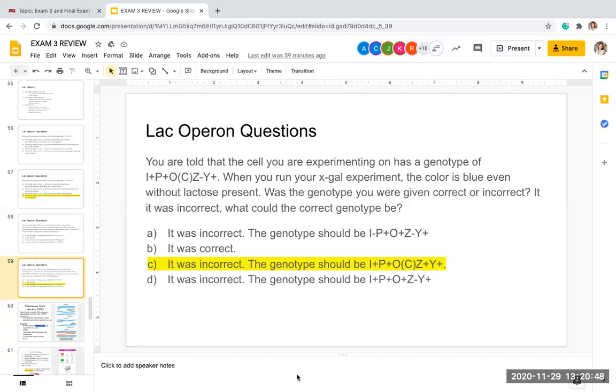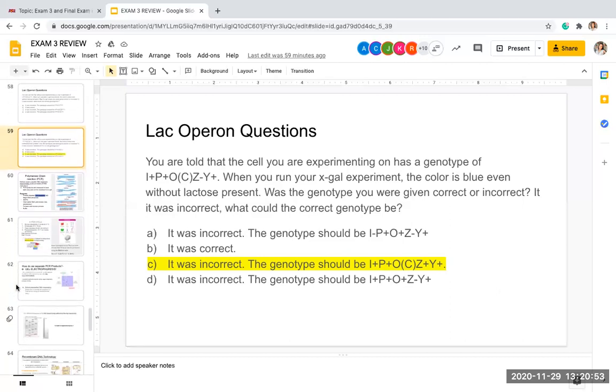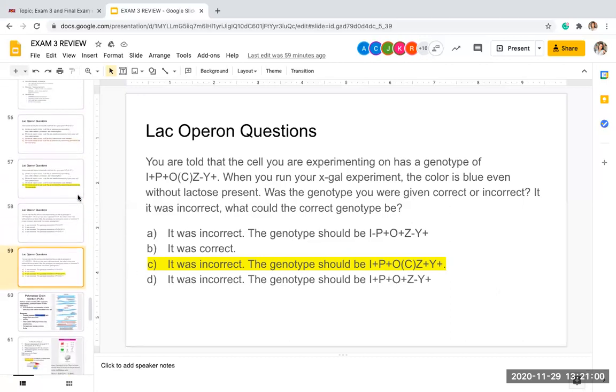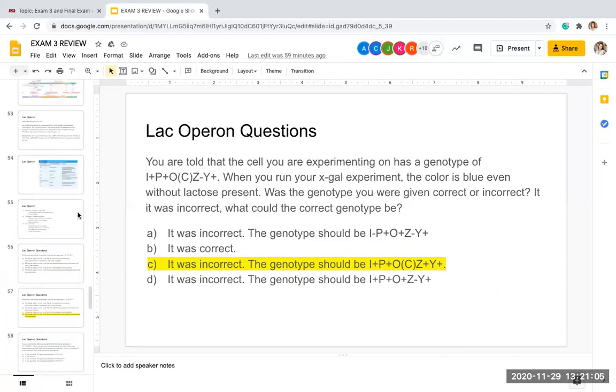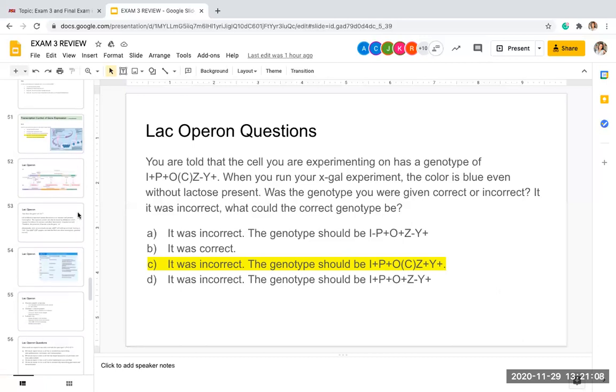Okay, good. Did anyone have any questions about the operon or the lac operon? I know that can be a really confusing part for some people. Sorry, Bridget, can you clarify your question? Okay, you were just piggybacking off Savannah's question.